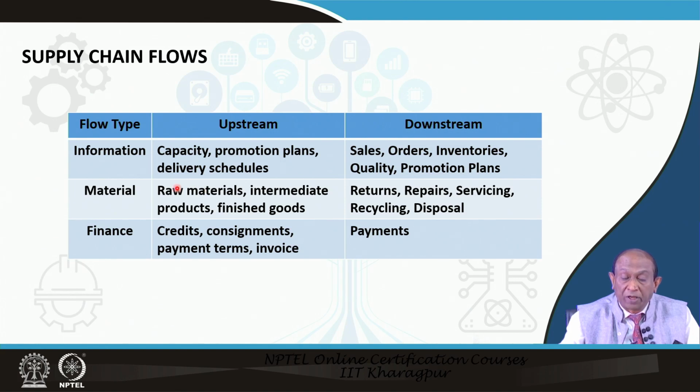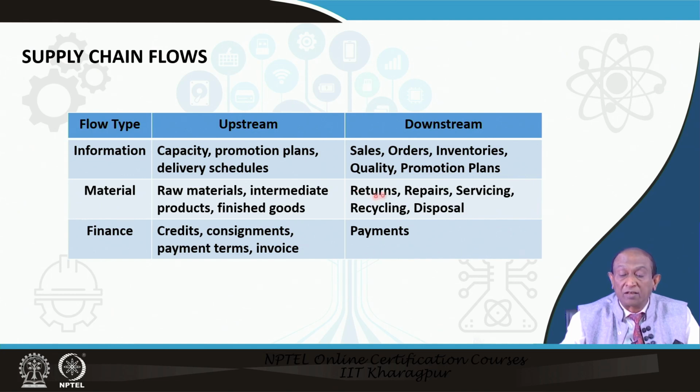These raw materials flow from the supplier to the manufacturer, where value addition is done on them to produce intermediate products as WIP, then further value addition is done to produce finished goods. On the downstream side, when you talk about material flow, sometimes there is a reverse flow of material, particularly in the context of reverse logistics, which is very important.